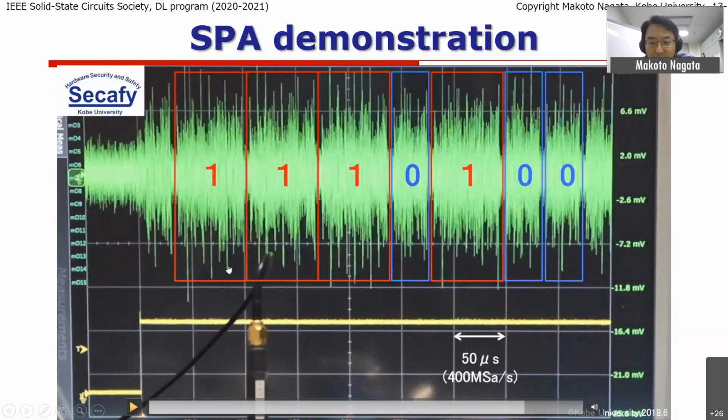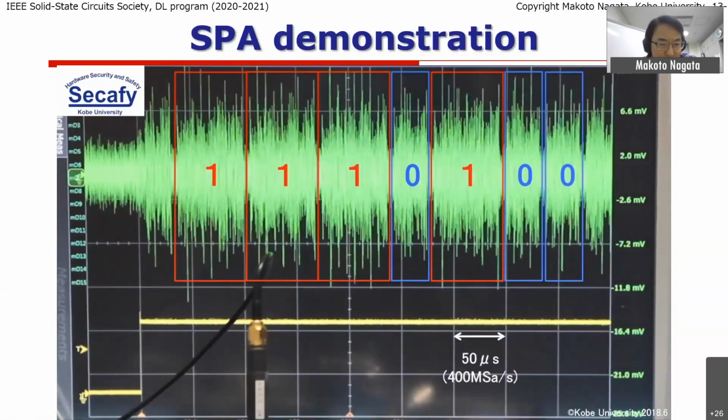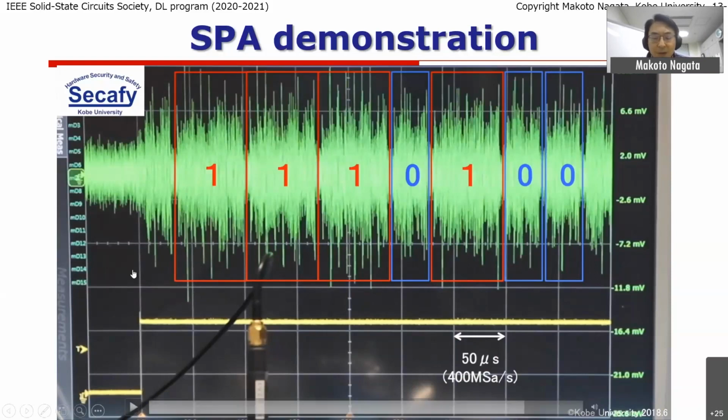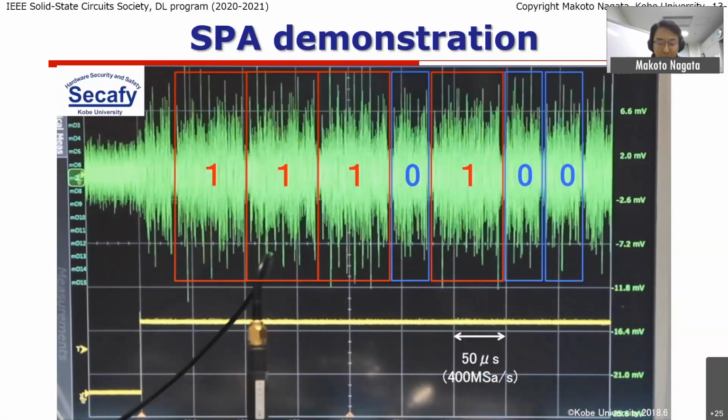Of course, the design is not good in this case, but this is quite an obvious result of just measuring the EM waves coming from the die. You can extract some secret information from the cryptographic engine. This is very powerful.